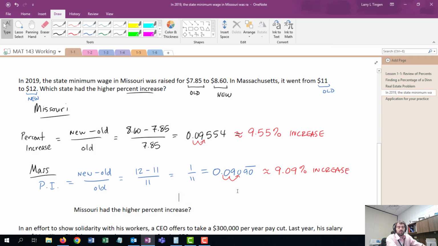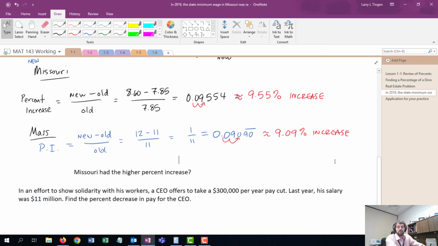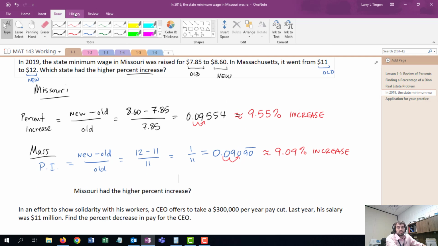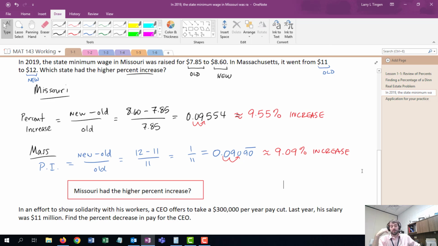Because we always like to be able to compare two things, so if you were, let's say, the state of Missouri and you wanted to attract people to your state, you would say, hey, we increased our minimum wage by 9.55%, while Massachusetts only did it by 9%.